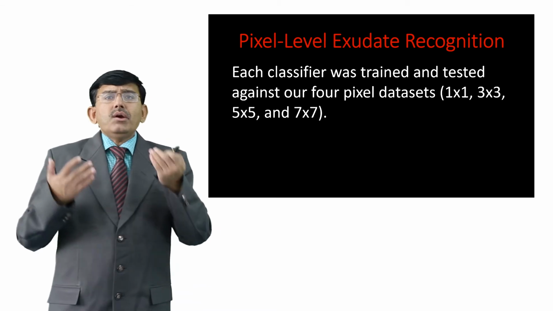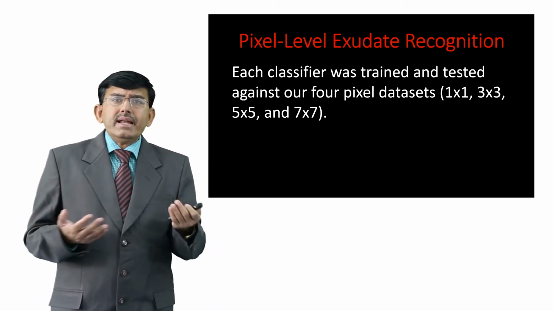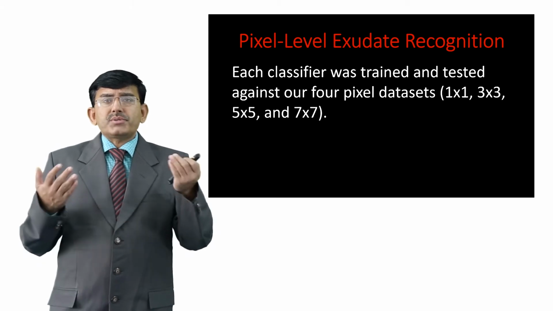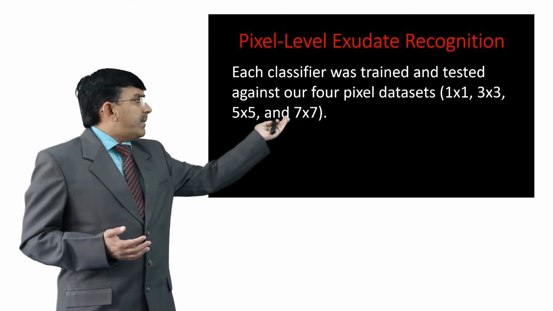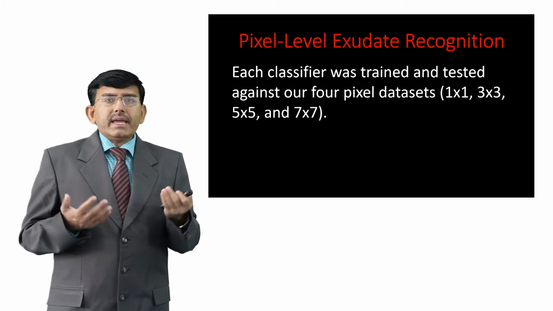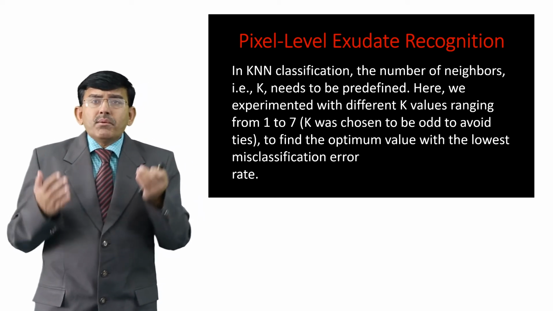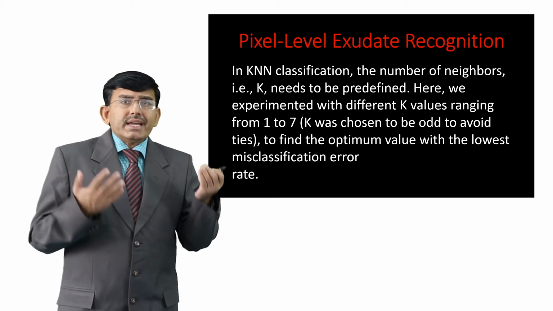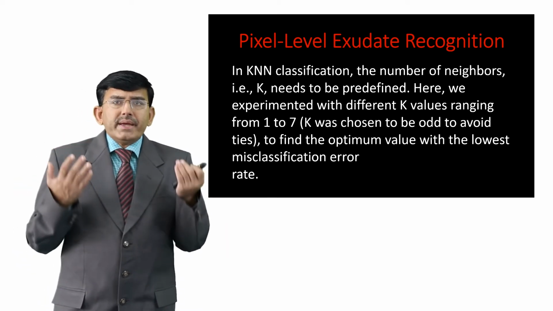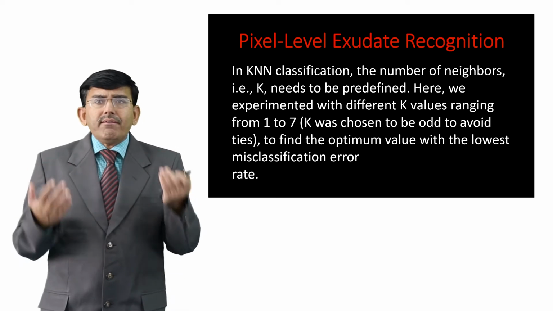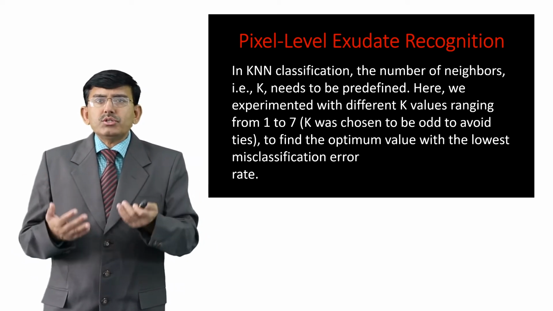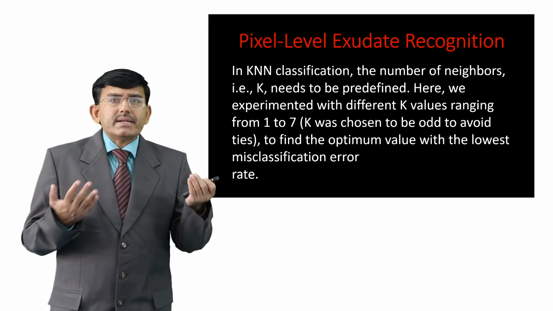Each classifier was trained and tested against our 4 pixel data sets, of sizes 1 by 1, 3 by 3, 5 by 5 and 7 by 7. In KNN classification, the number of neighbors, K, needs to be predefined. Here we experimented with different K values ranging from 1 to 7. K was chosen to be odd to avoid ties.